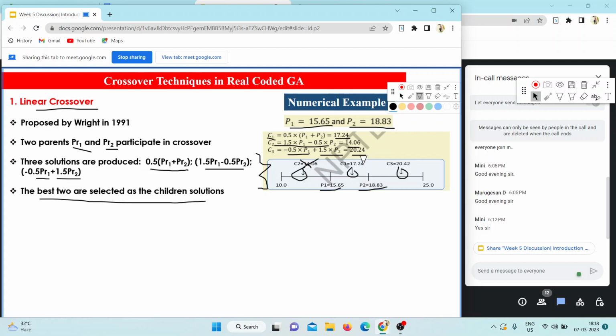So we will be selecting these two best solutions. Our children solution for the parents 15.65 and 18.83 would be 17.24 and 20.24. Okay, so is this part clear to all of you guys?